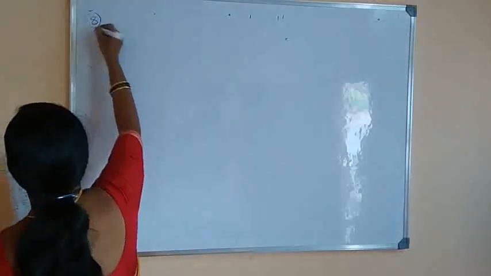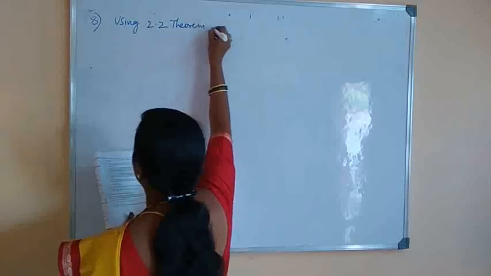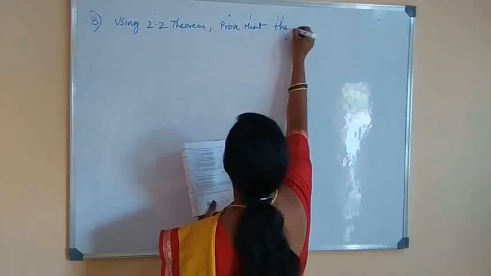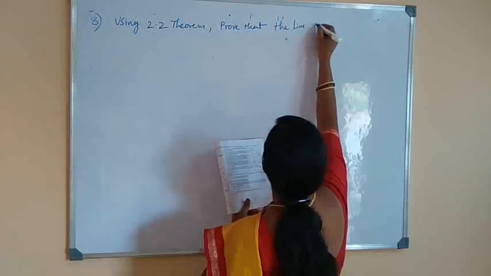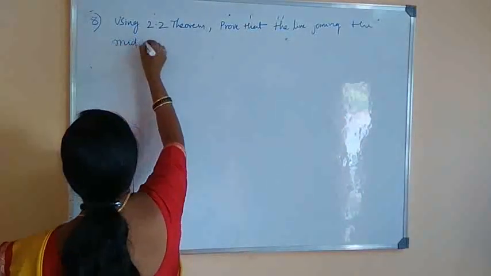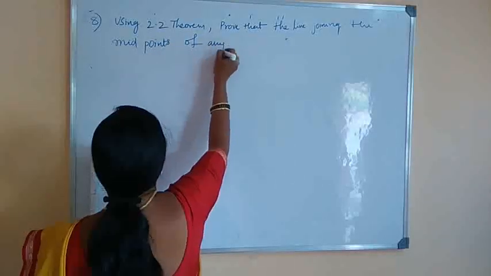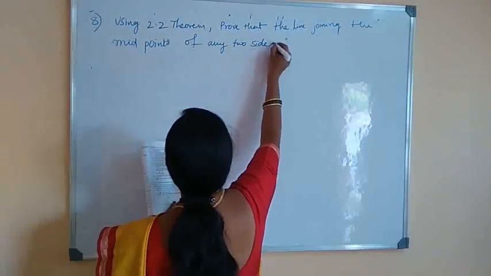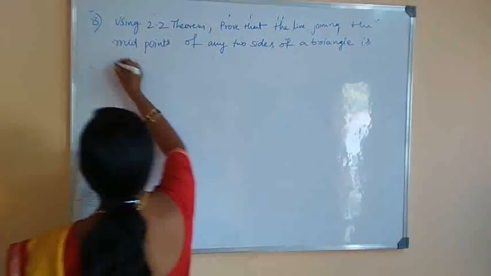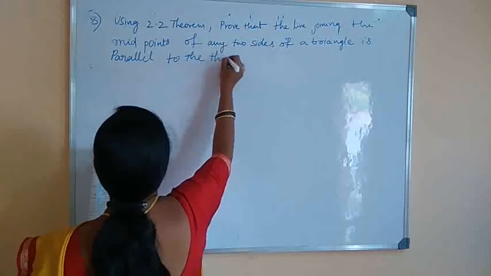Now, 8th problem. Using Theorem 2.2, prove that the line joining the midpoints of any two sides of a triangle is parallel to the third side.